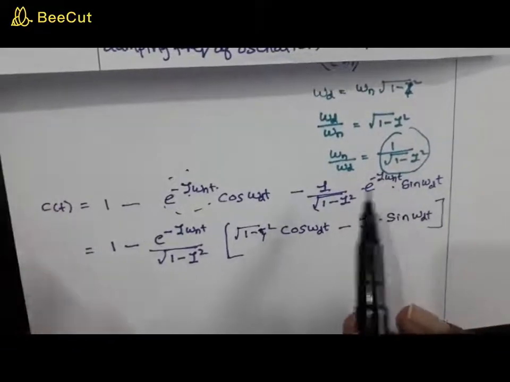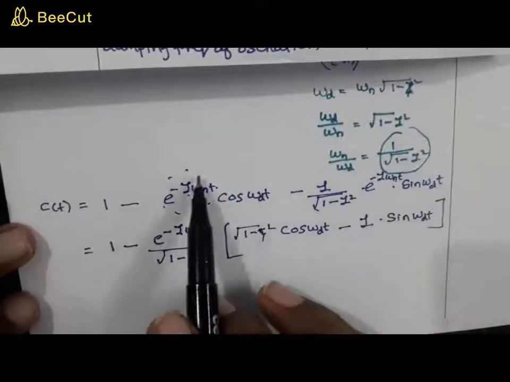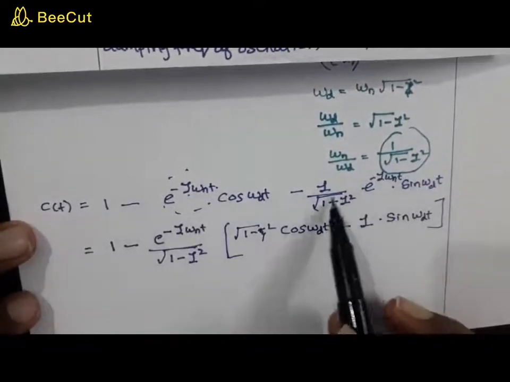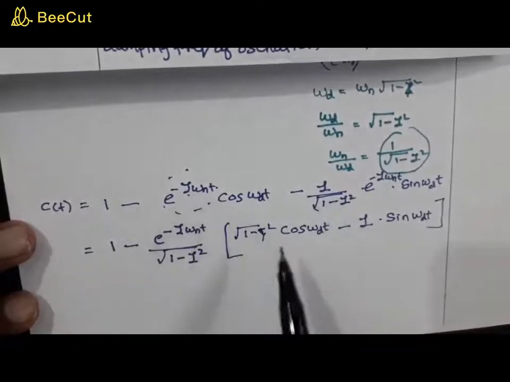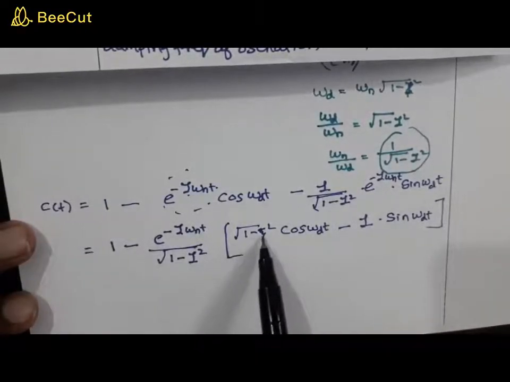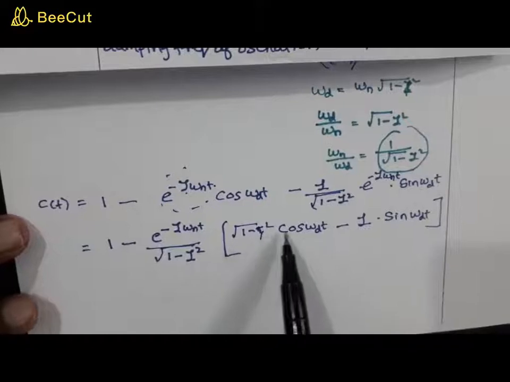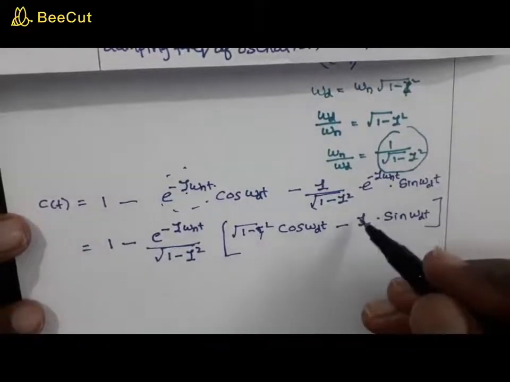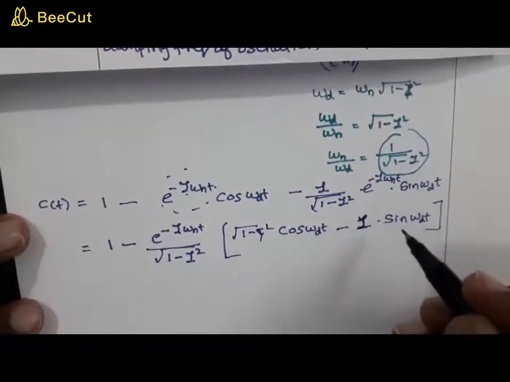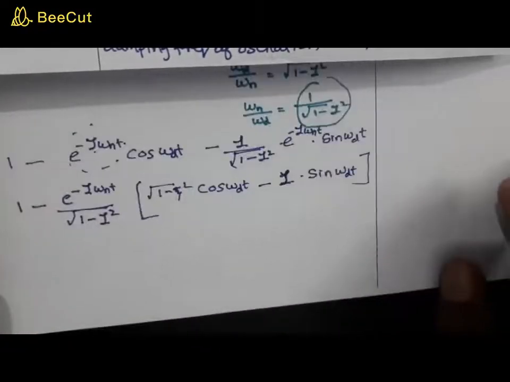So you are taking e raised to minus theta omega n t and this thing outside, so there is no root of 1 minus theta square, so it comes over here. So this will be root of 1 minus theta square into cos omega d t minus theta. This is not 1, this is theta into sine omega d t.